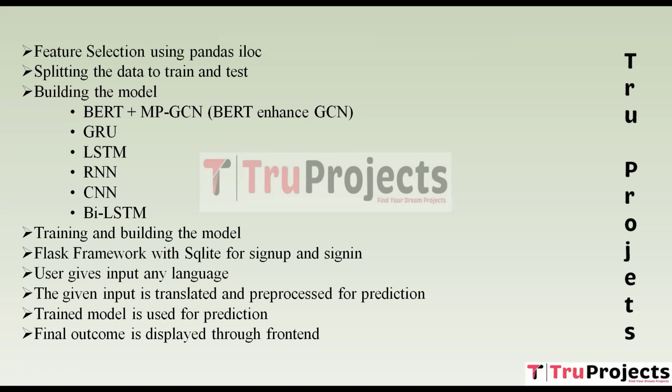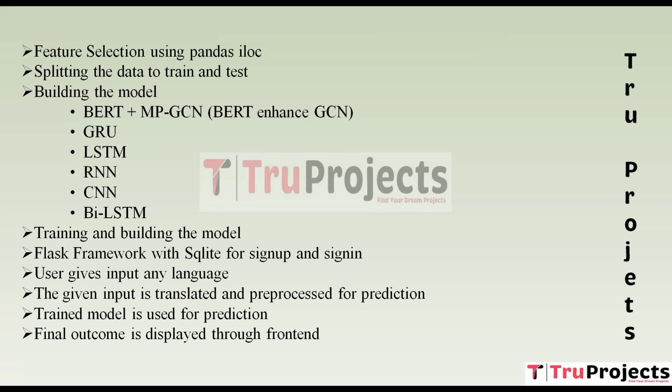MP-GCN, multi-head graph convolutional network, is a graph-based deep learning model designed to work on structured data. In this project, BERT enhances the GCN for improved short text classification. It likely involves fine-tuning BERT on specific text classification tasks and integrating it with the GCN architecture.